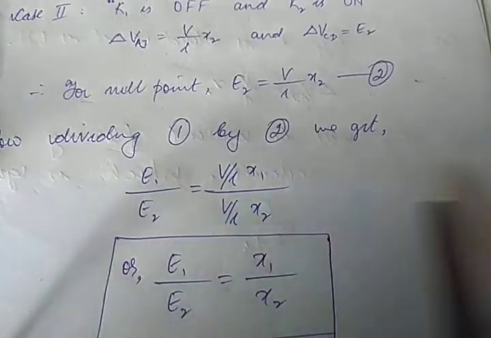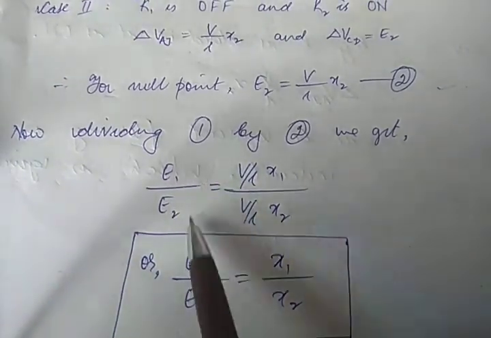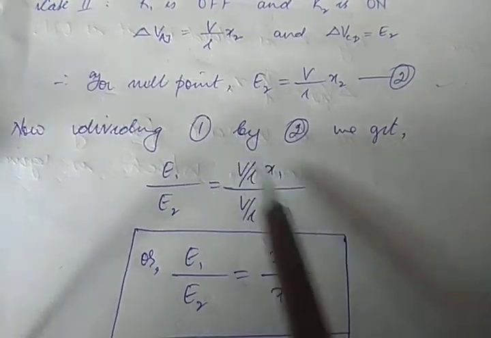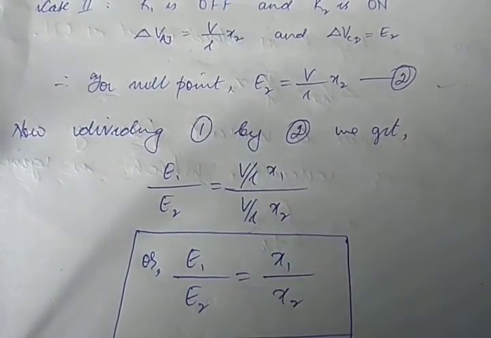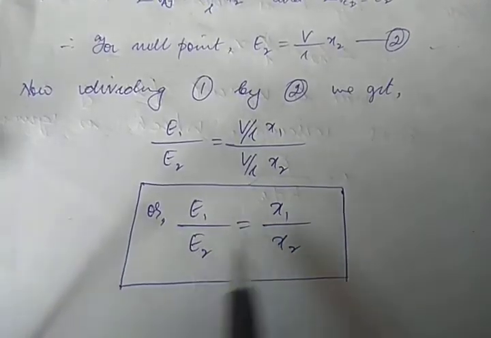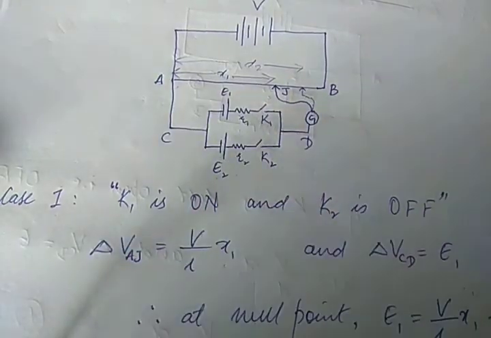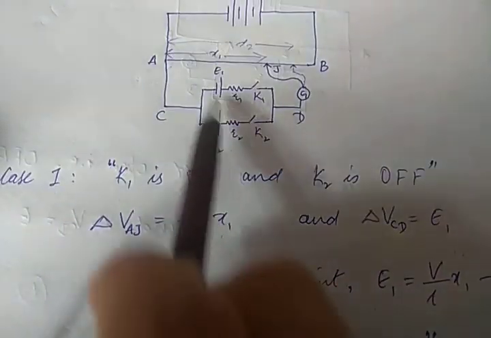Now what we simply do is divide equation number 1 by equation number 2. Dividing equation 1 by 2, we get E1 upon E2 is V upon L x1 divided by V upon L x2. The potential gradient V upon L cancels, and thereby we get E1 upon E2 is x1 upon x2. Don't forget, there is a scale attached to every potentiometer, using which we can measure the respective distances x1 and x2.